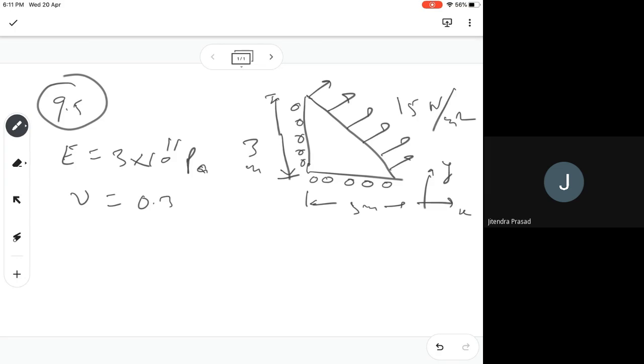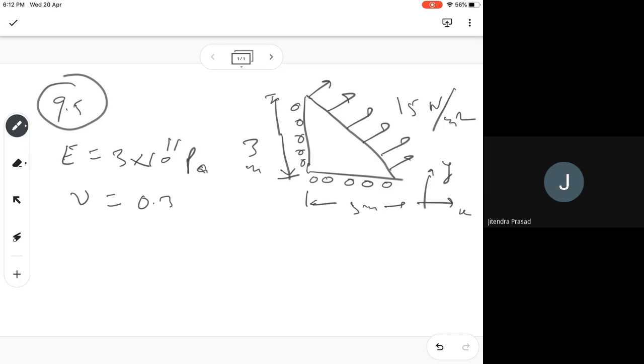It says construct the weak form corresponding to generalized boundary conditions given in section 9.5. Construct the stiffness matrix, calculate the global force matrix, solve for unknown displacements, and so on.